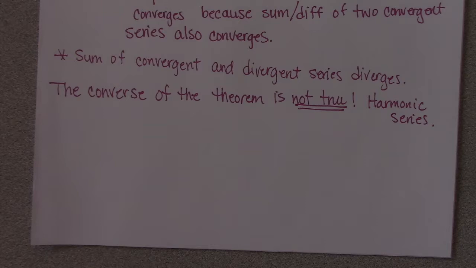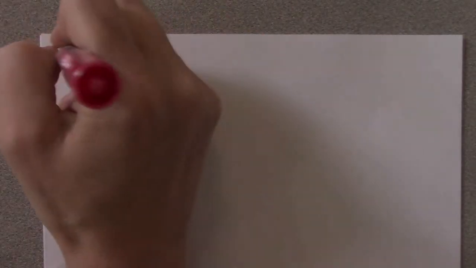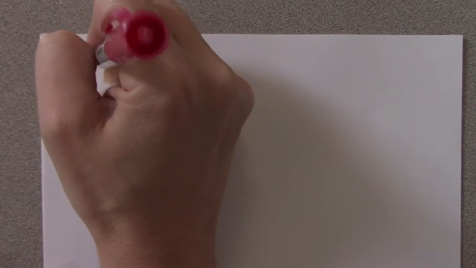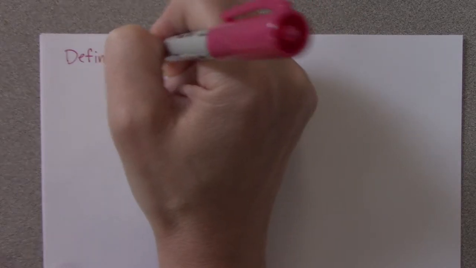You have to actually do the absolute convergence test to see if it works. All right, so we have time for one last quick thing before the quiz. I want to define this so when we come back Thursday, we can just do some examples and finish out this section.